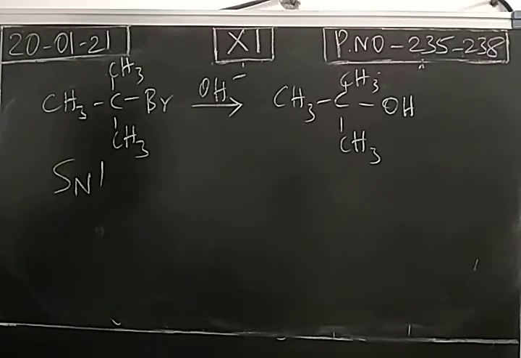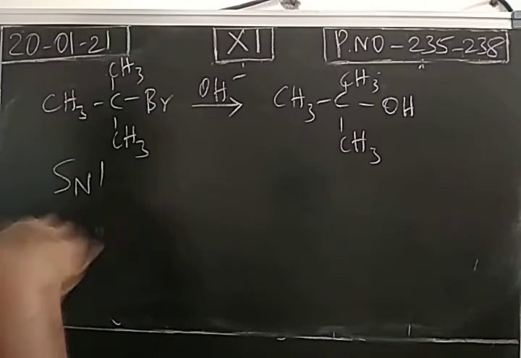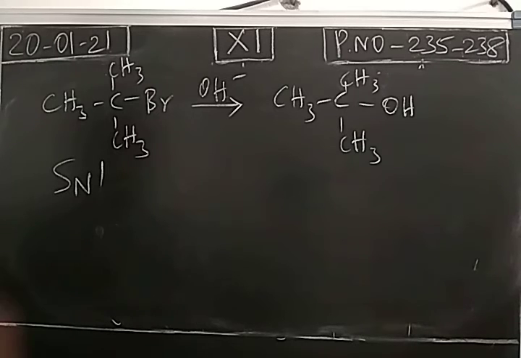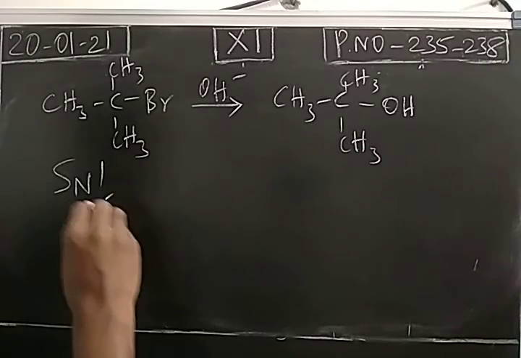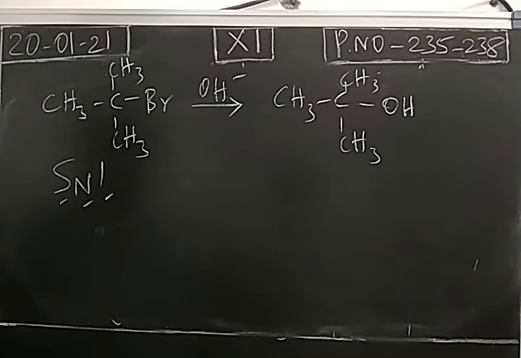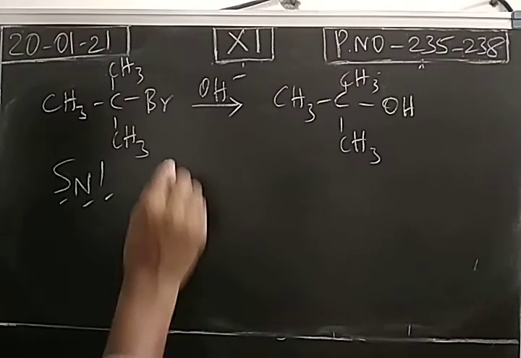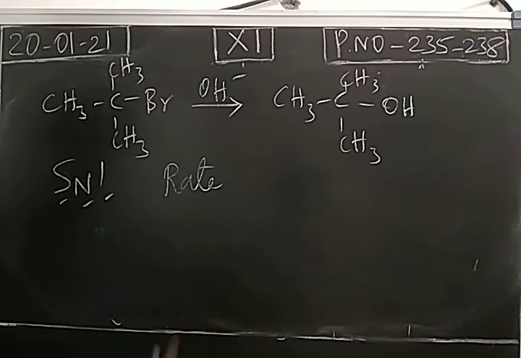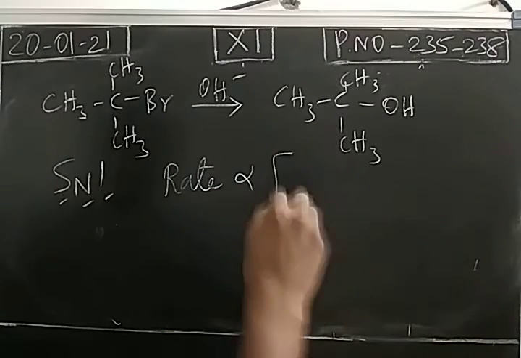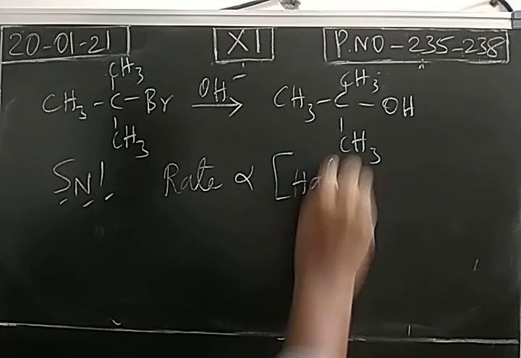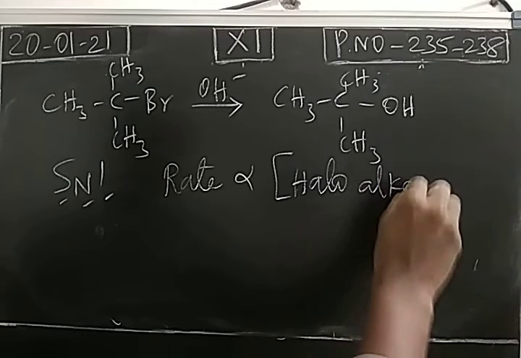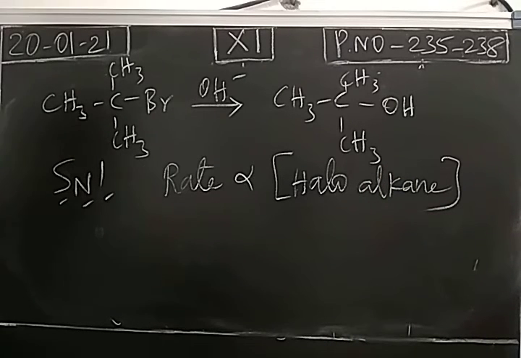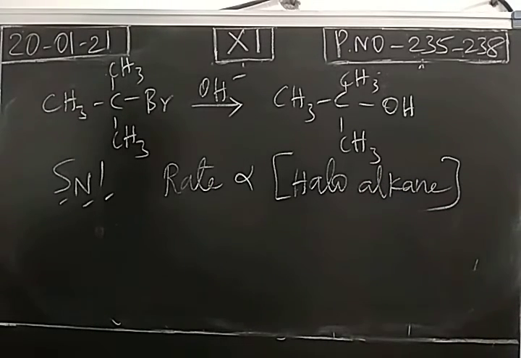Here 1 represents unimolecular. So how can we say SN1? Unimolecular nucleophilic substitution reaction. So in an SN1 reaction, the rate of the substitution reaction depends only on the concentration of the haloalkane. The rate will not depend on the nucleophile.